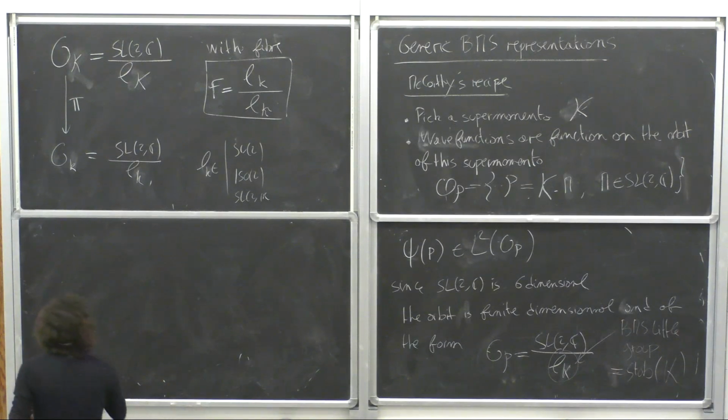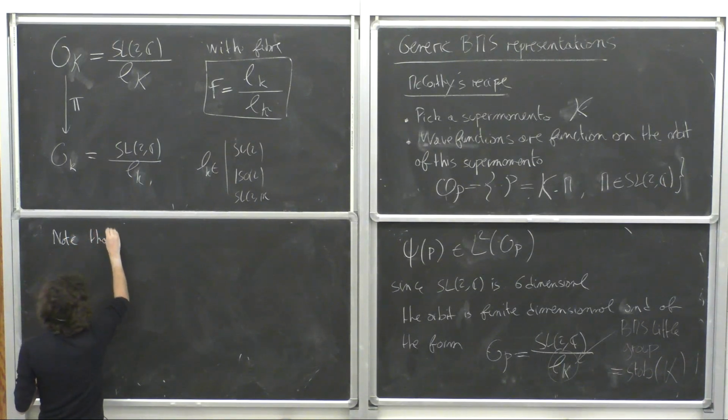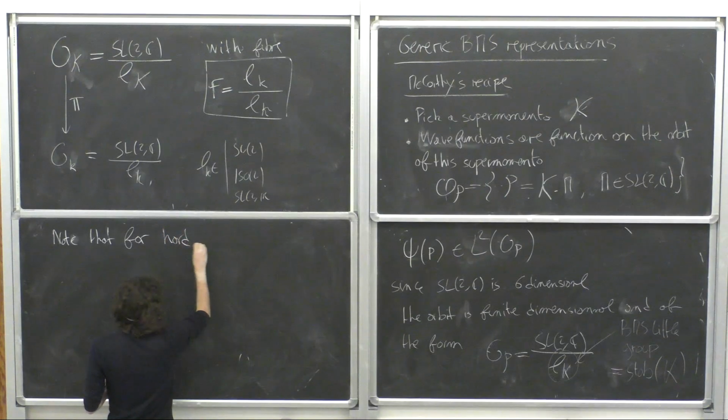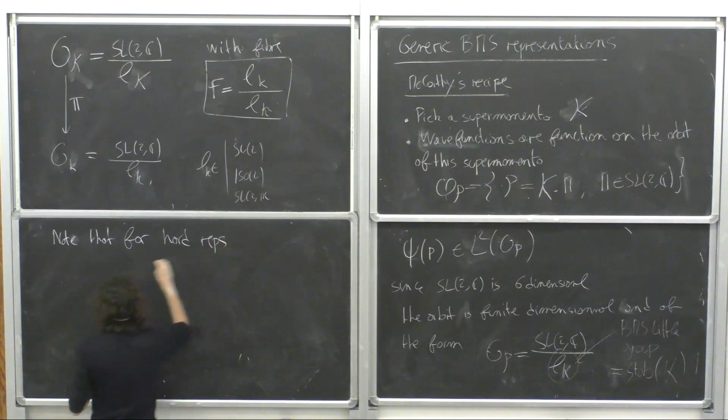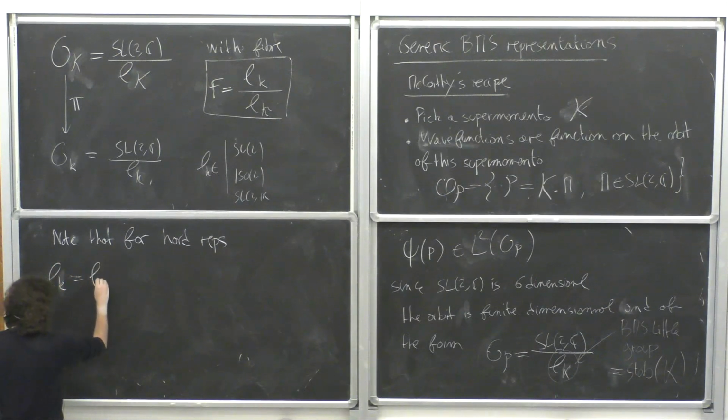Note in particular that for hard representations, as I told you, this is one of these very special cases, almost by definition, where LK equals L curly K, and therefore there is no fiber.